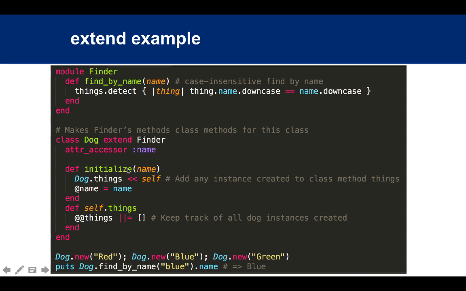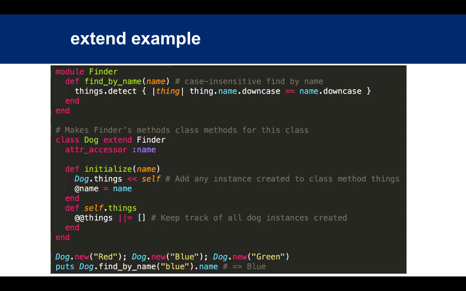Okay, so now what could you do? So you have a dog instance. In the dog constructor, you instantiate the dog, and you right away pass this dog to a things method. So dog.things, and you have this things method, which is a class method, which basically just keeps adding to the things class array.